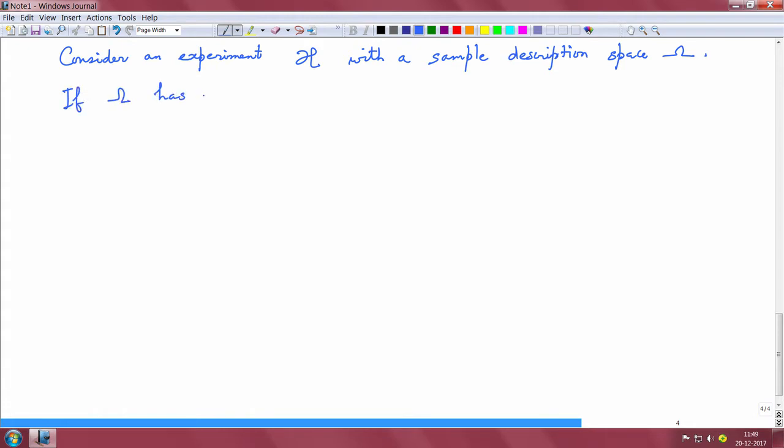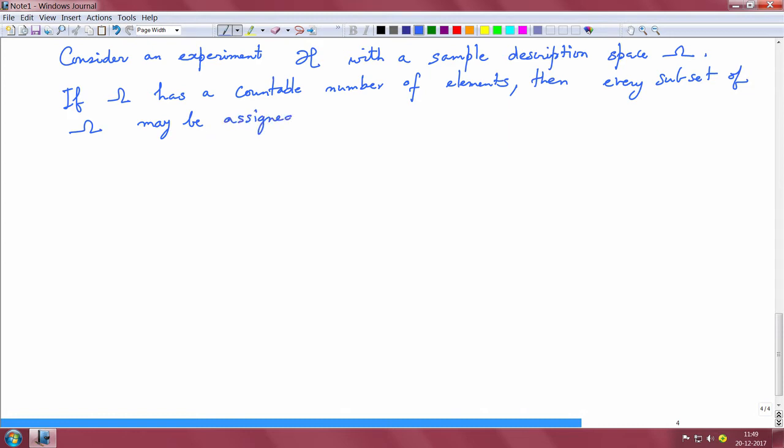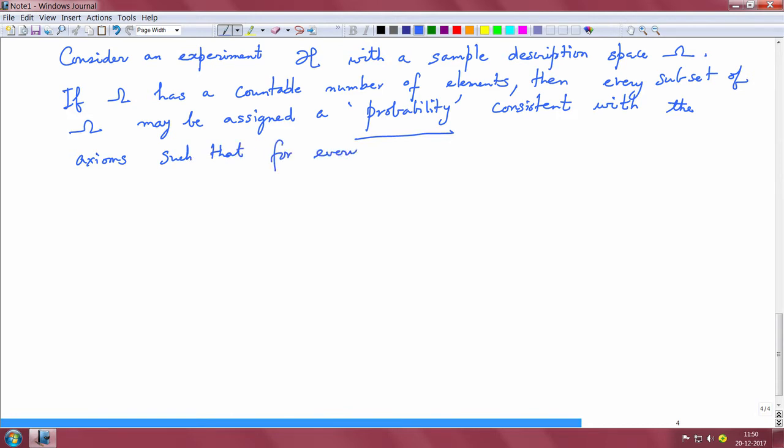If omega has a countable number of elements, then every subset of omega may be assigned a probability consistent with the axioms such that for every event E belonging to the field script F, the following hold.